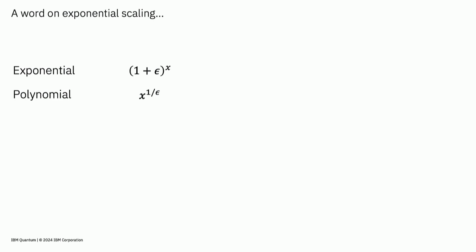Let's try and put some numbers in there. So maybe for an epsilon of 0.01, loosely, this could be thought of as maybe your error rates, and then x very loosely can be thought to be your number of qubits, right? So if I compare these 2 functions, for the exponential scaling, you get 3.